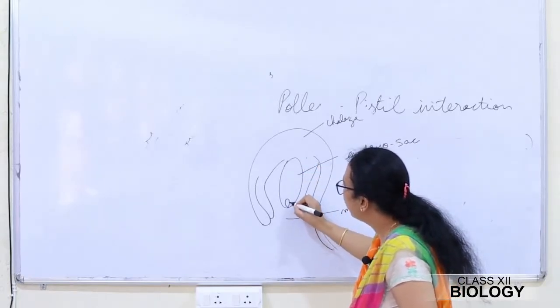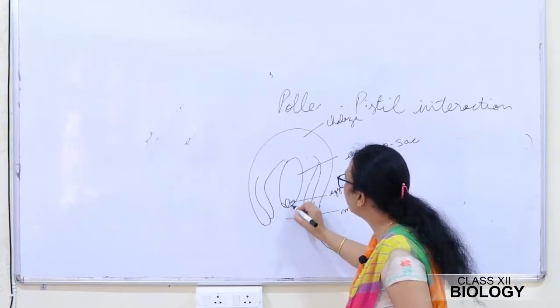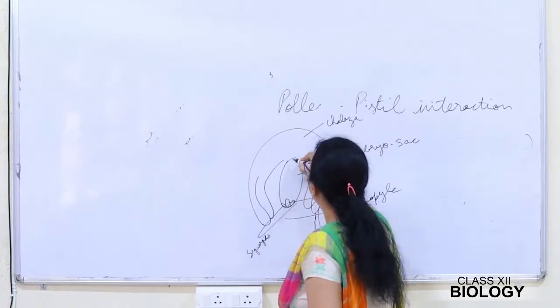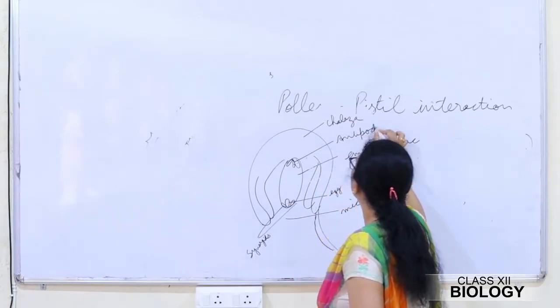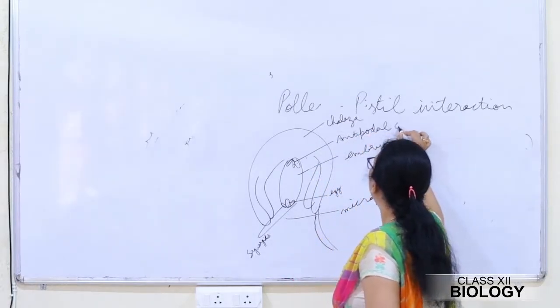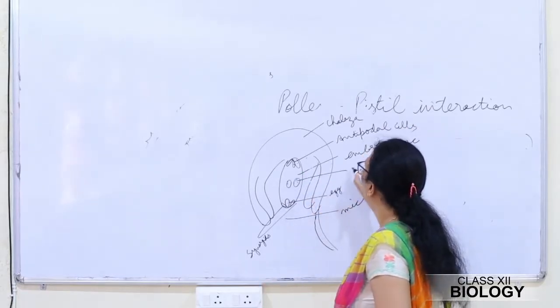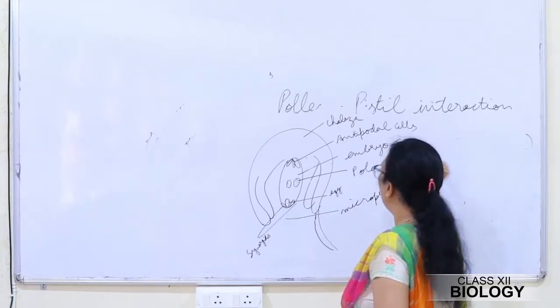Here is the egg, and these are the synergids. And here are the antipodal cells. We had done this already. Here are the polar nuclei.